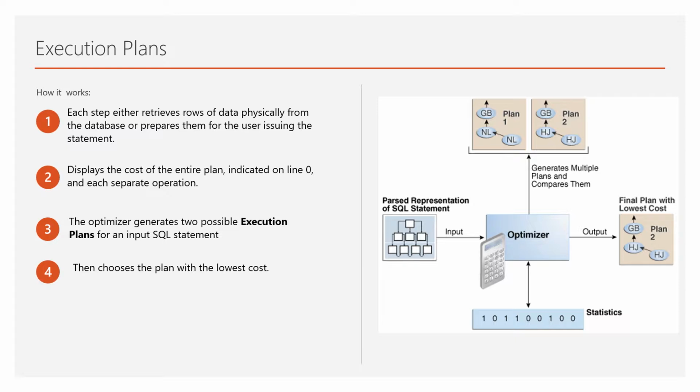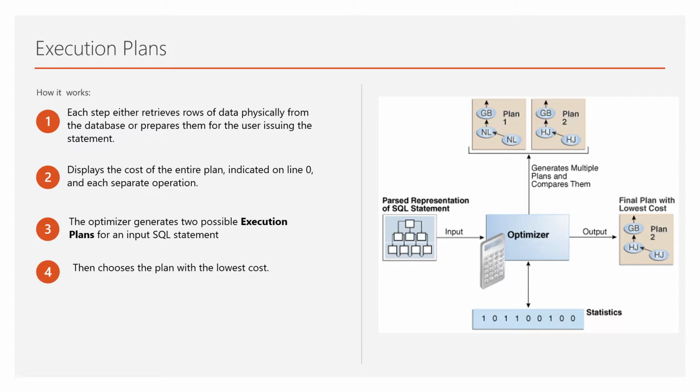An execution plan describes a recommended method of execution for an SQL statement. The plan shows the combination of the steps for executing an SQL statement. Each step either retrieves rows of data physically from the database or prepares them for the user issuing the statement.